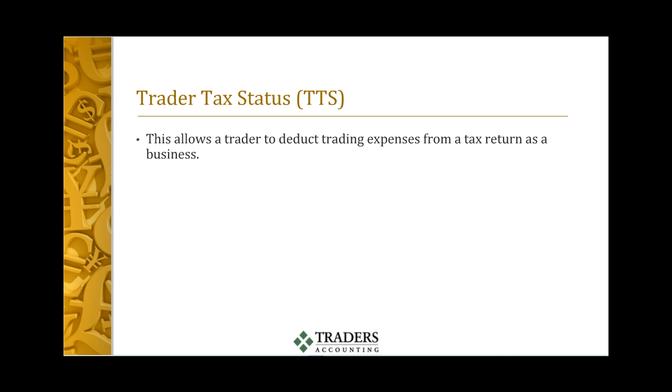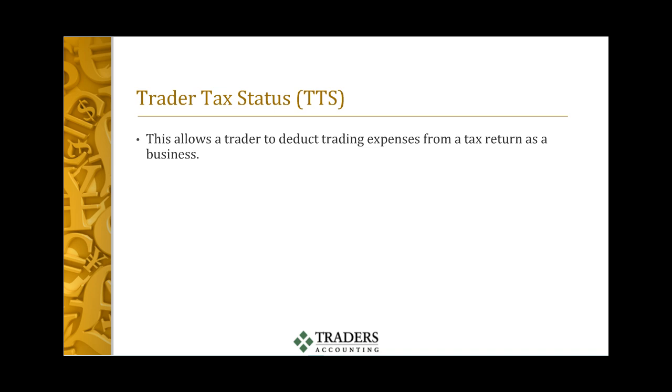So, one of the ways of protecting your cash flow and keeping cash from going out of your business is trader tax status, or some people just call it trader status. Now, this is something that the IRS talks about in Publication 550, and it allows a trader to deduct expenses from a tax return as a business. Now, how is that important?